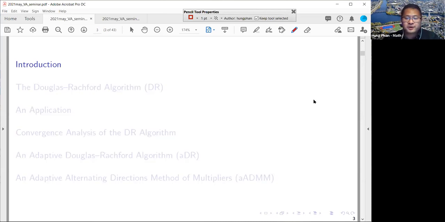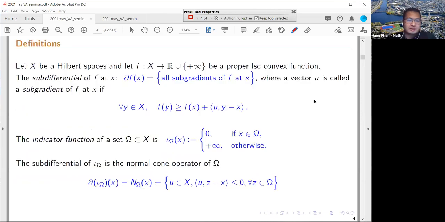Okay. So for the introduction, from now on, X will be a Hilbert space, and we denote the subdifferential of f by this notation. It consists of all the subgradients.